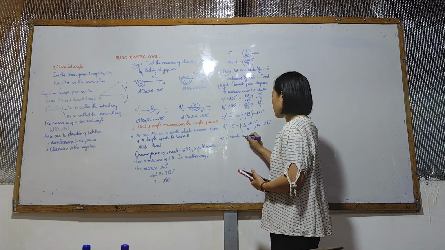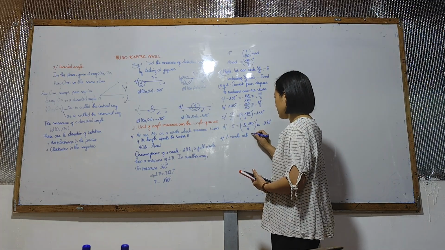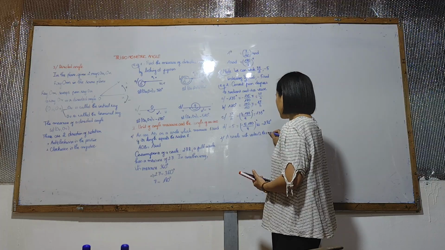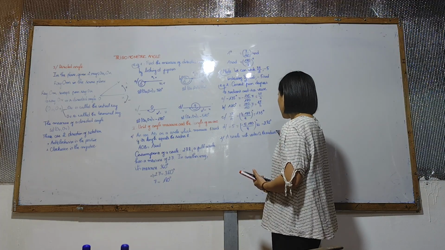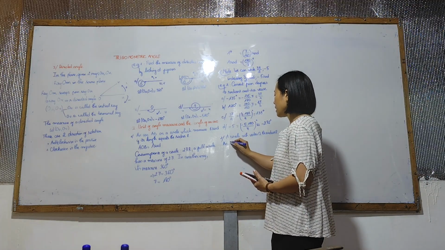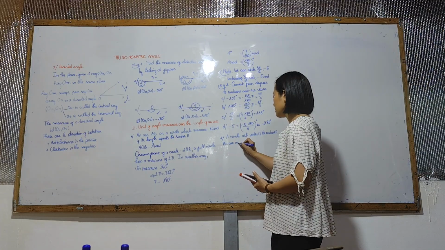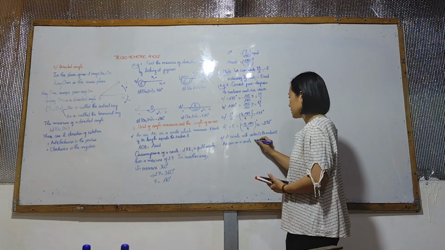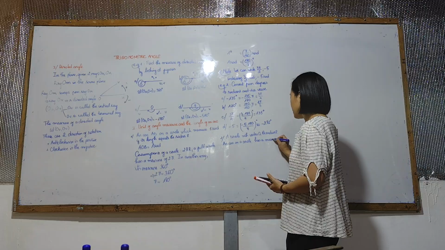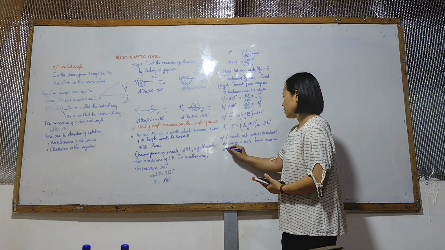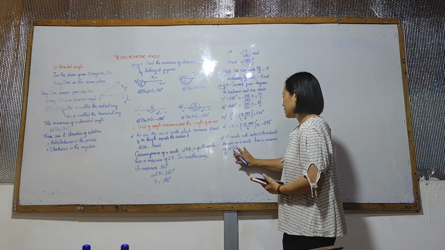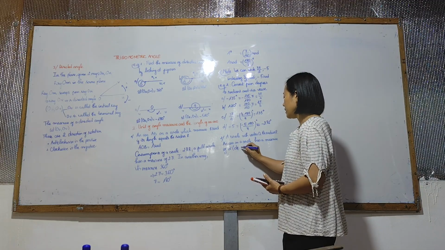A circle with center O and radius R. An arc on a circle has a measure of alpha degrees or radians.